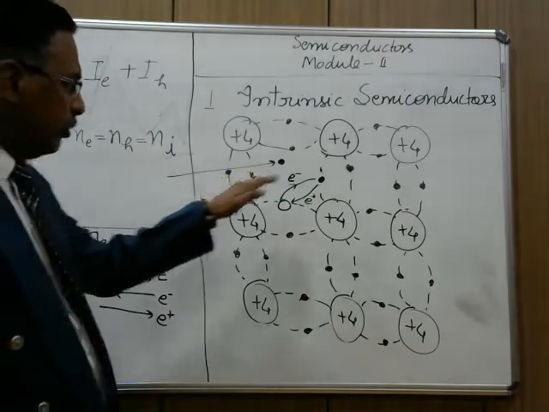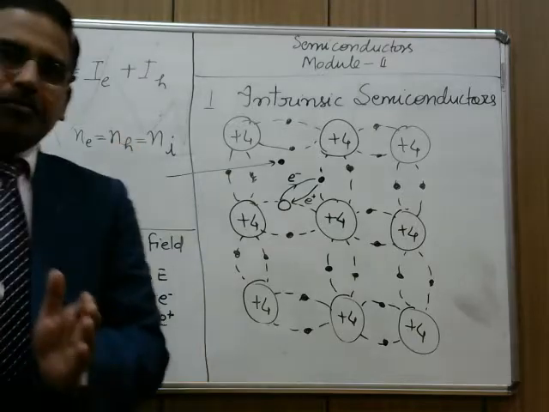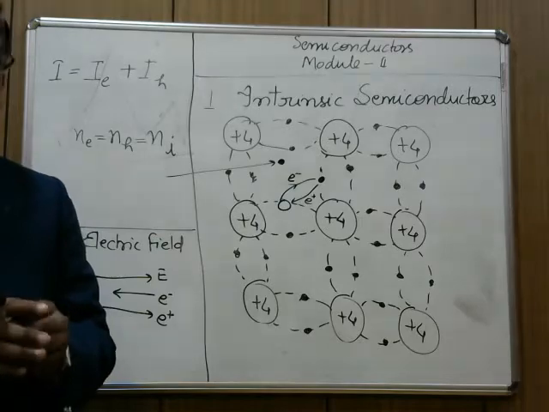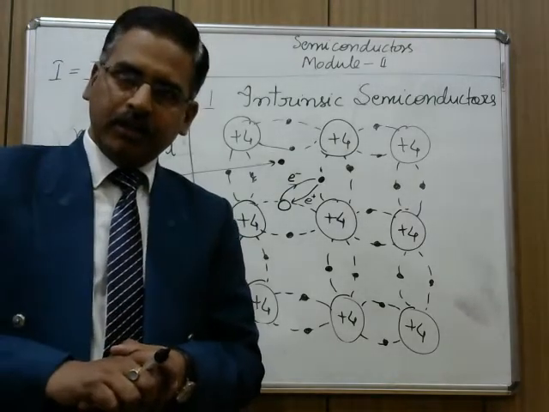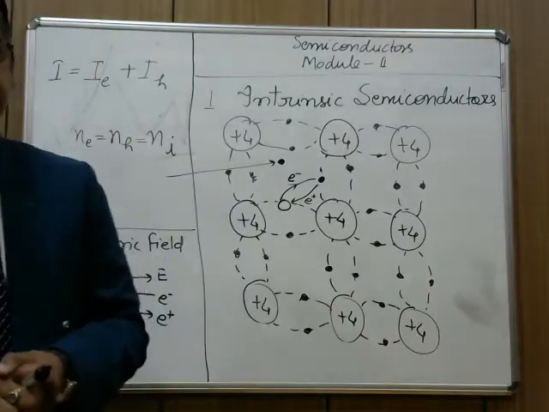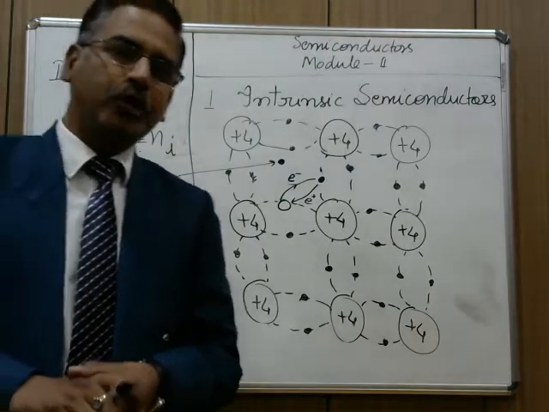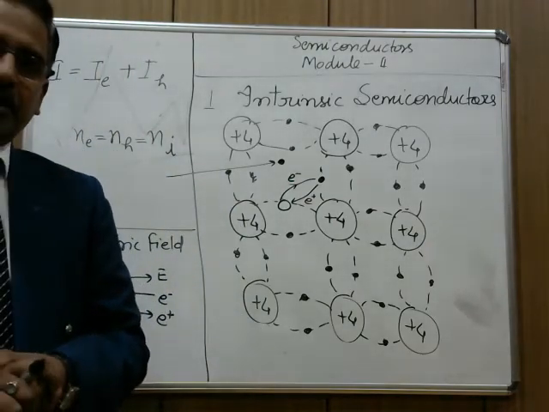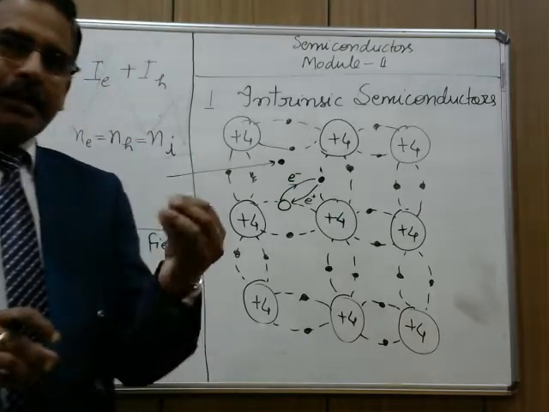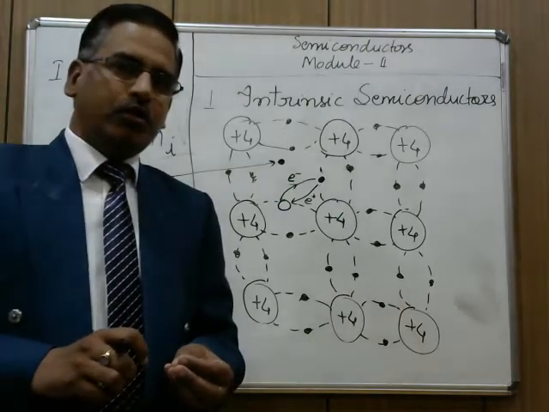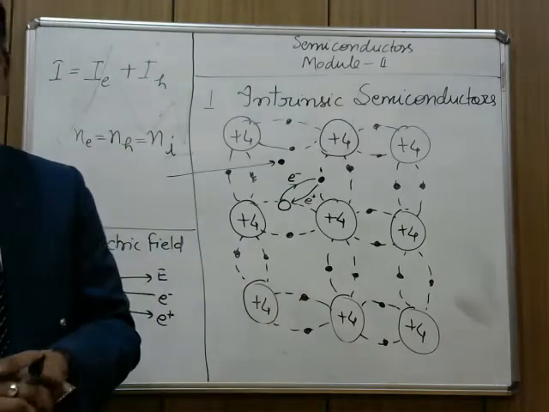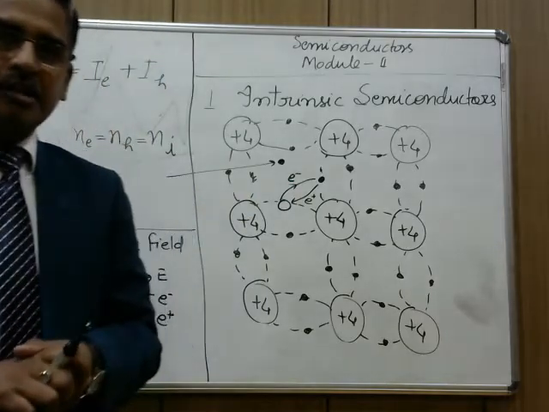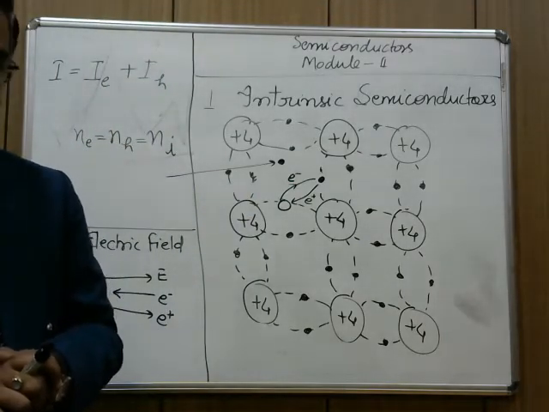Once again, at low temperature, all the covalent bonds are stable and strong enough, so no free electron is available and no current flows. Therefore, at low temperature, pure semiconductors behave like insulators. But at room temperature, the electrons gain sufficient energy to break the covalent bond and are freed. These free electrons are responsible for the flow of current.